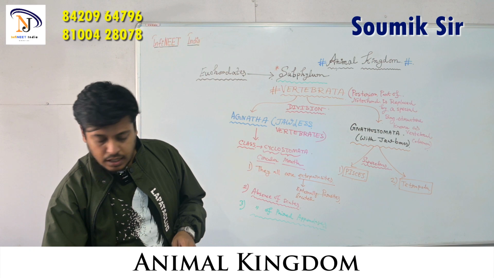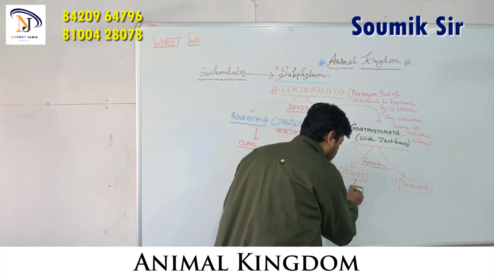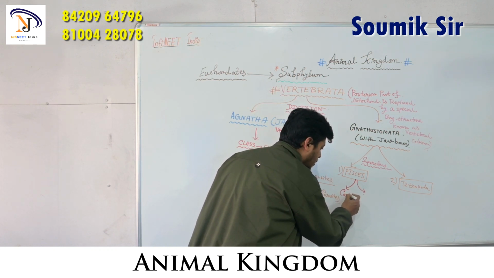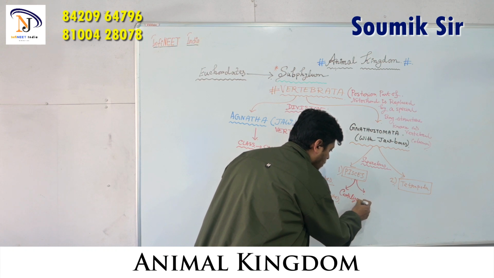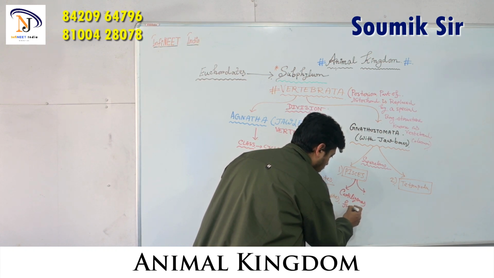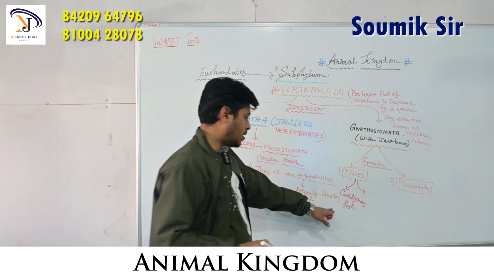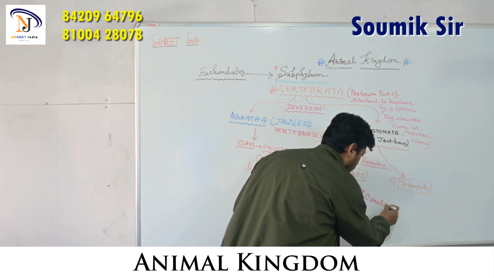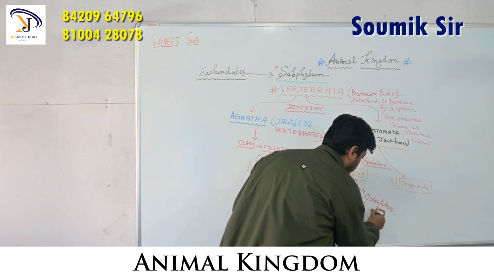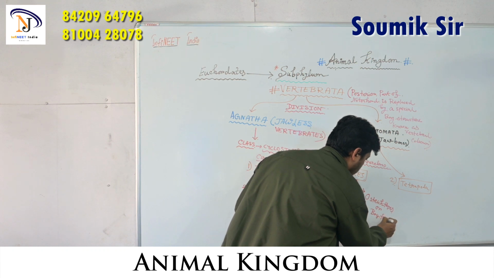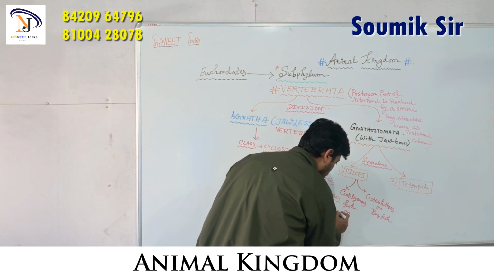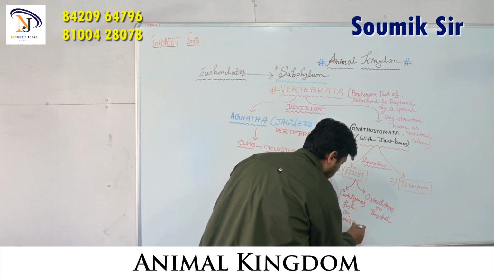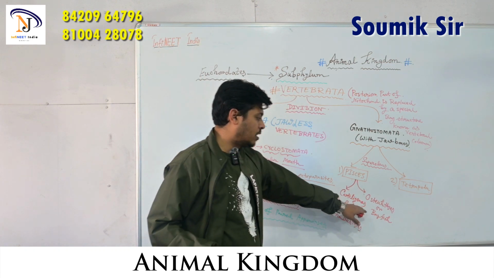Under this, the Pisces are further divided into two parts: cartilaginous fish or chondrichthyes, to be discussed later, and osteichthyes or bony fish.